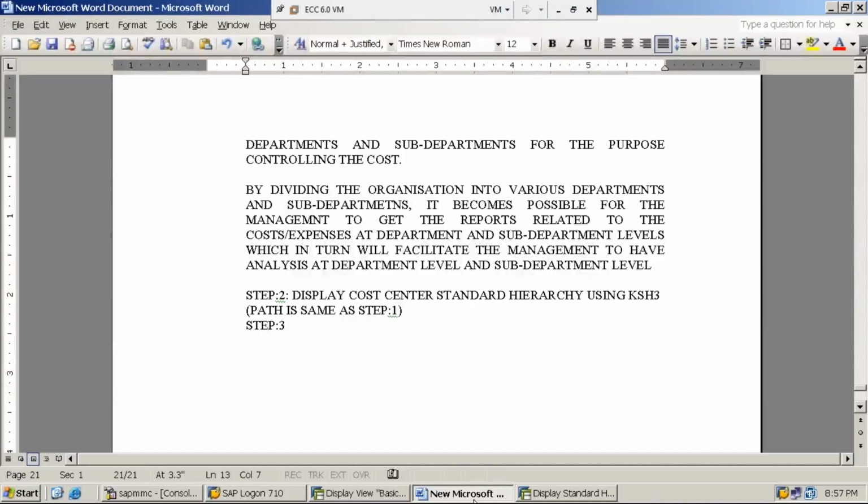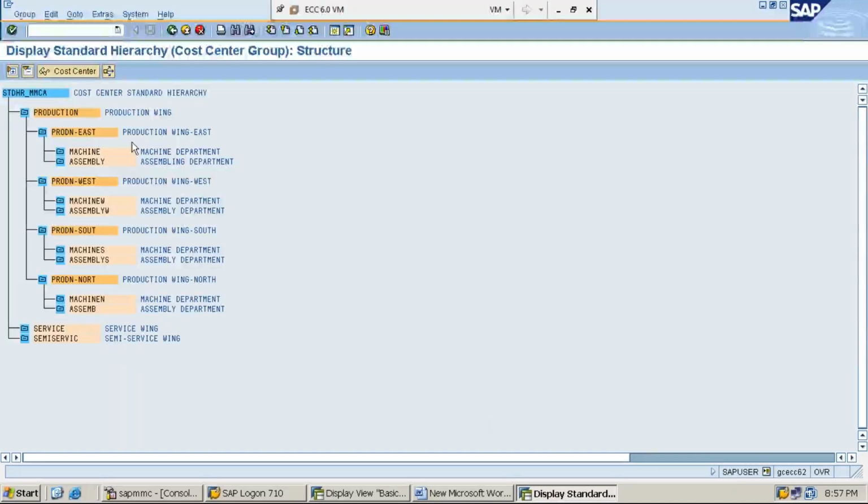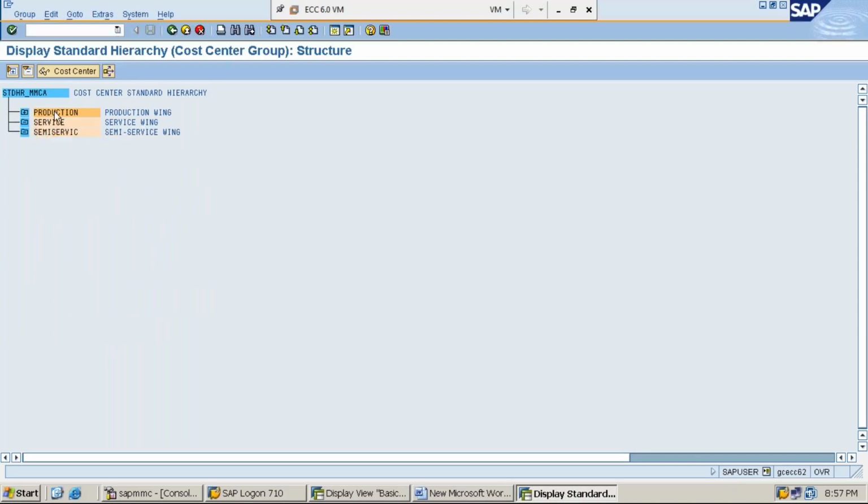Before we go ahead with step number 3, just look at the cost center standard hierarchy. See, I have divided the entire organization into production, service and semi-service, correct?